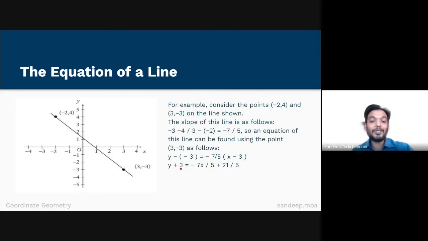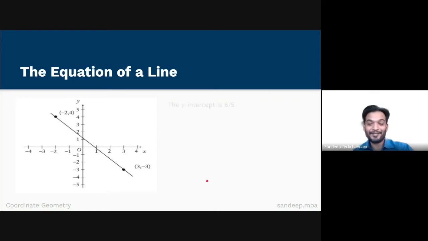So y plus 3 equals -7x/5 plus 21/5. Therefore, y equals -7x/5 plus 6/5. Hence, we can conclude that the y-intercept is 6/5. The x-intercept can be found as follows.